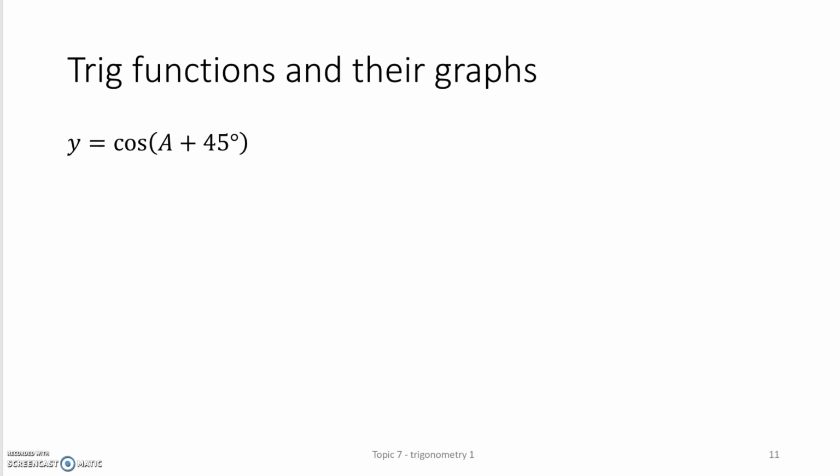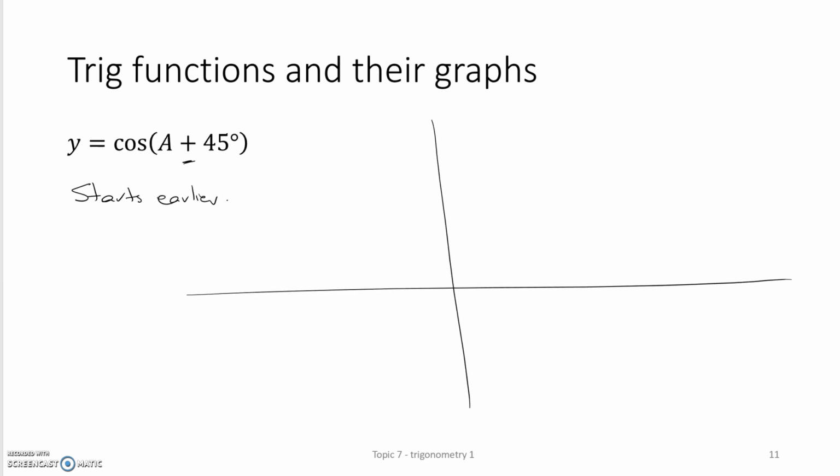Similarly, we could do the same for a cos curve, and in this case we've added, so it starts earlier. So we've got our cos curve, we're just going to dot it in like that. That's going to cross at 90 and 270. This is 180. That's 1. So the whole curve is going to move 45 degrees to the left.